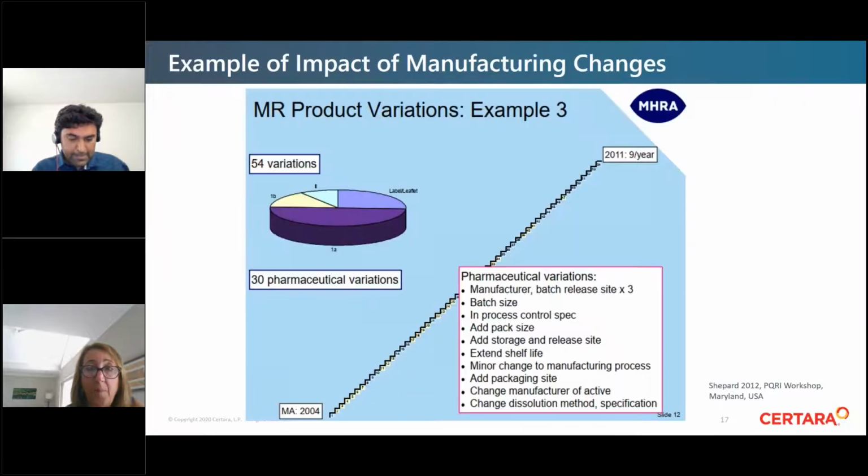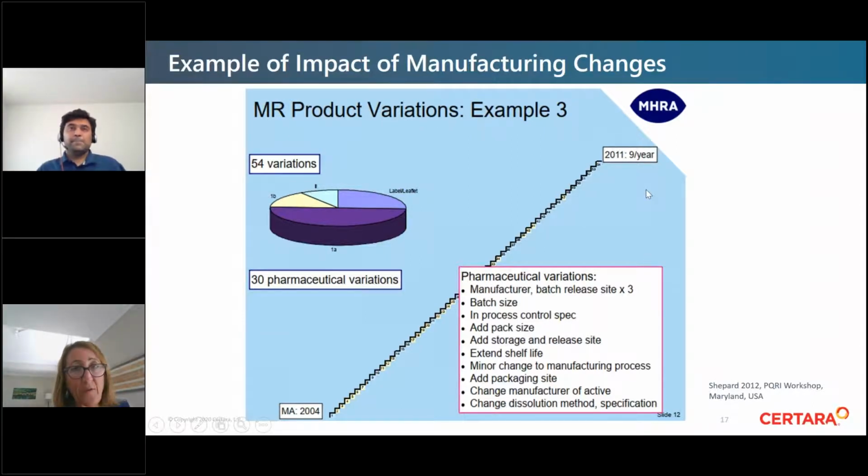So to understand a little bit more deeply how often this happens, this is a case study from the MHRA, the British regulatory agency, of a product that had 54 manufacturing changes over the 7-year period from 2004 to 2011.